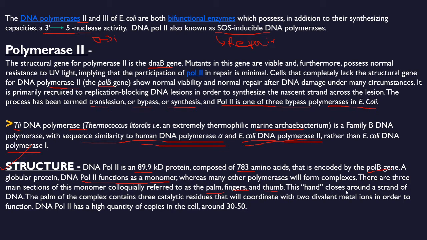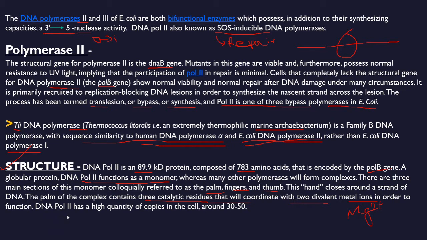This hand closes around a strand of DNA. Let's suppose this is a DNA strand and the hand closes here. The palm of the complex contains three catalytic residues that coordinate with two divalent metal ions, that is the magnesium ion Mg2+, in order to function.